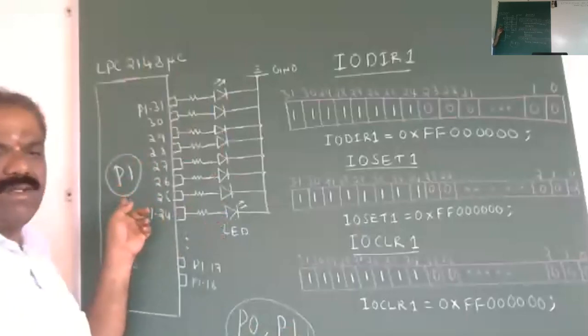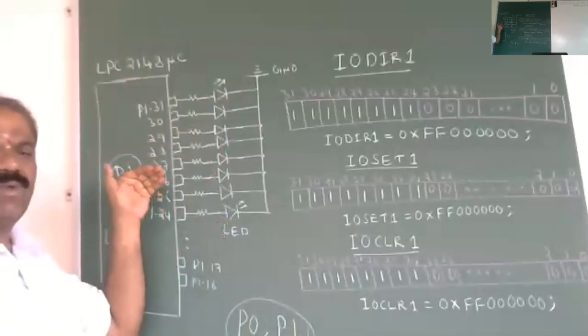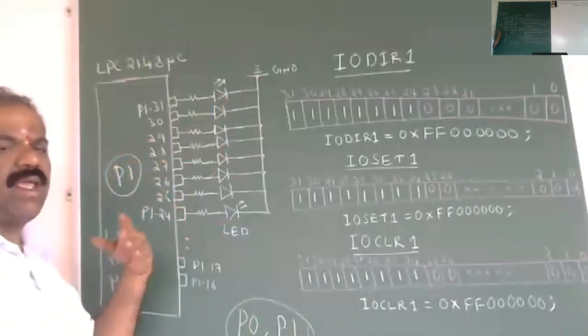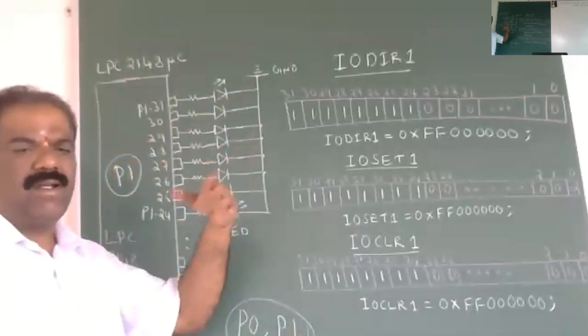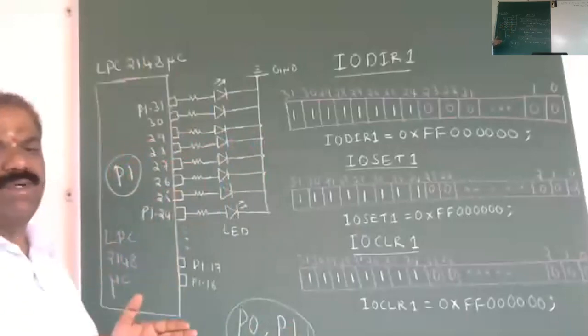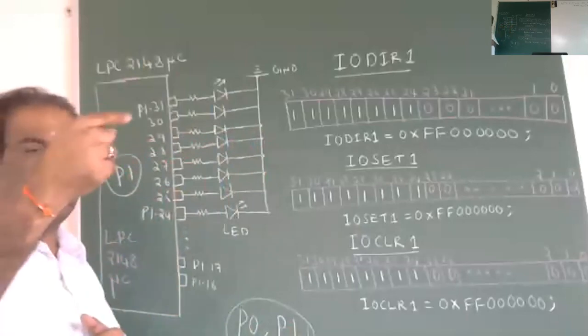We know that P1 contains 32 lines, 32 bits. Out of 32 bits, we can use the upper 16 lines, 16 pins, that is from P1.16 to P1.31.